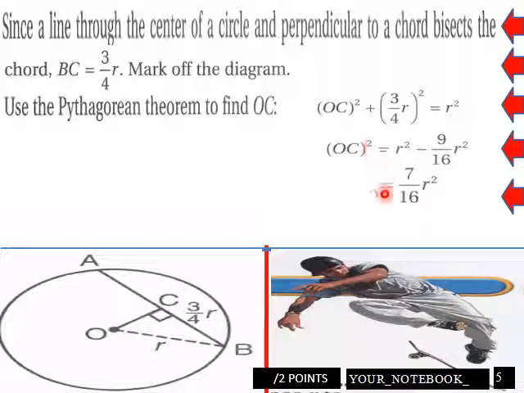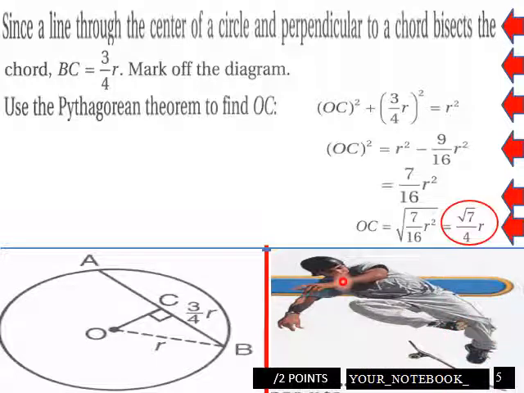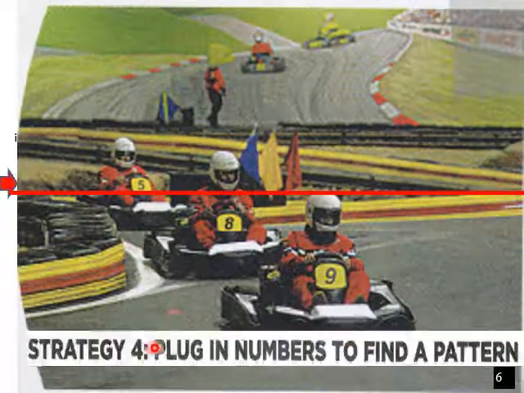OC squared equals 7/16 r squared. So OC equals the square root of 7/16 r squared, which equals square root of 7 over 4 r.